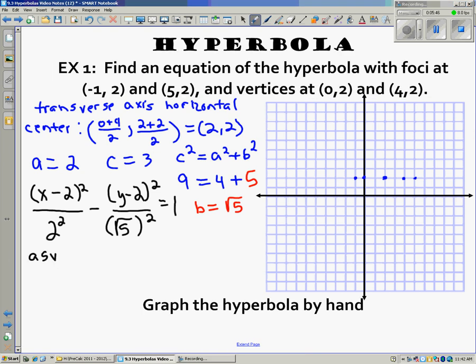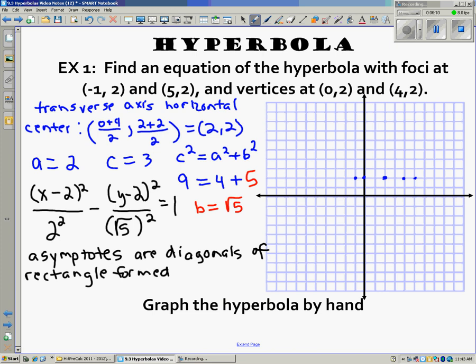Your asymptotes are the diagonals of a rectangle, and the rectangle is formed by your A and B. We use their distance from the center.